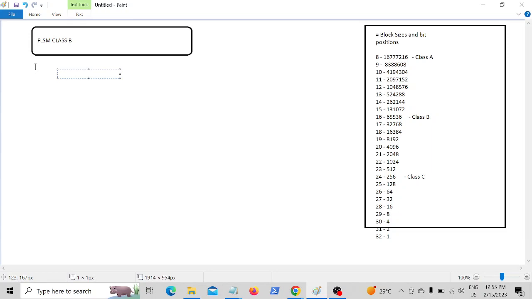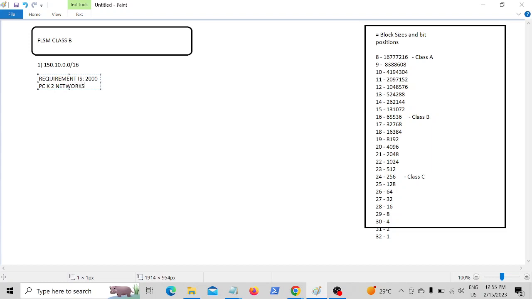Our question is 150.10.0.0 slash 16 and the requirement is 2000 PCs in two networks.